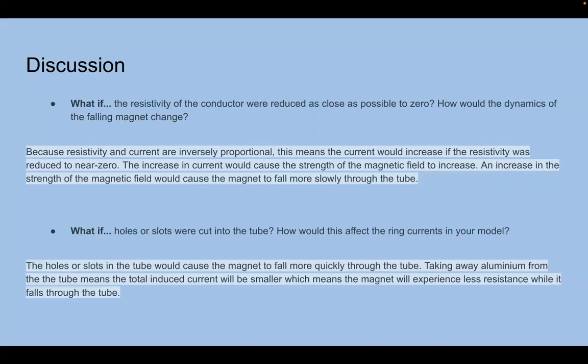So the induced current would decrease and the magnetic field would get smaller, which would allow the magnet to fall quicker because there's less force against it or resistance against it as it falls through the tube.